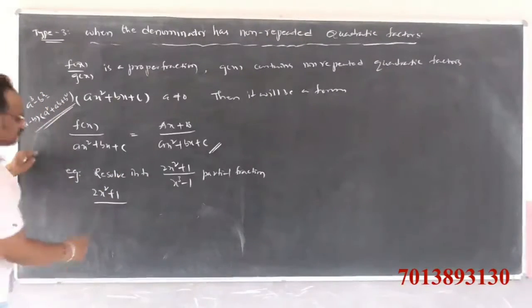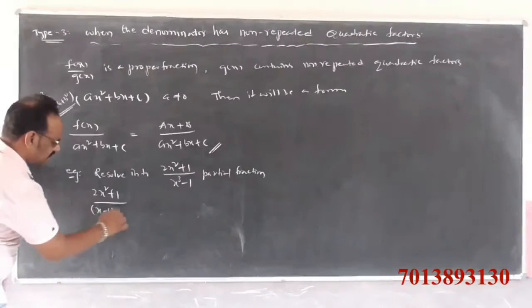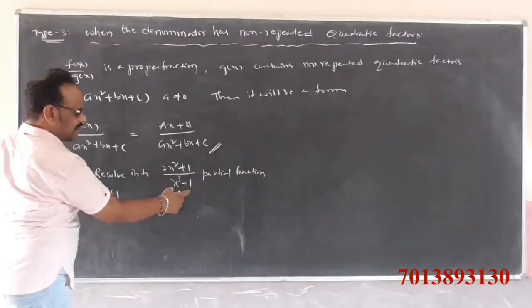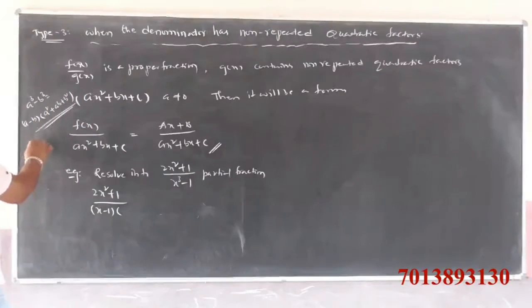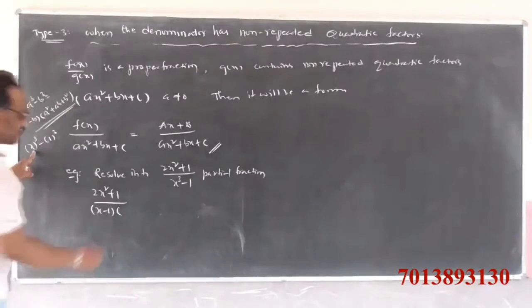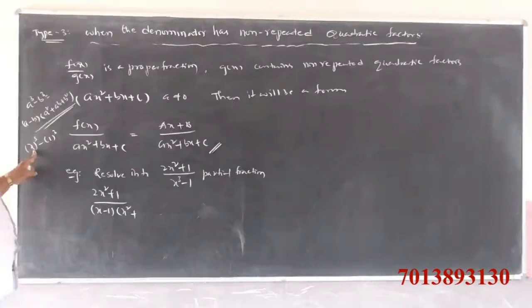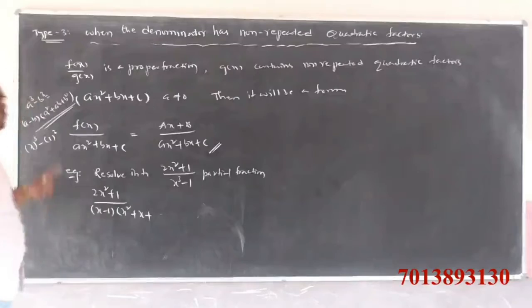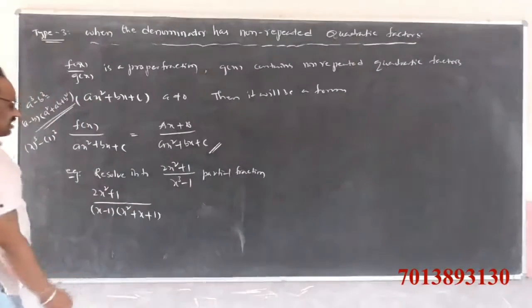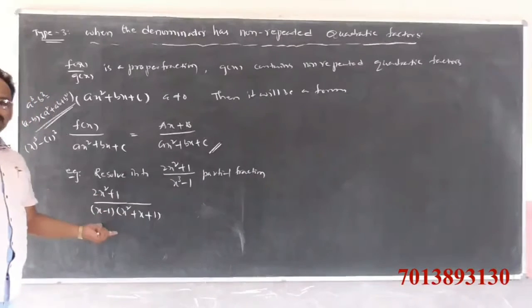Substitute here: a minus b means we get x minus 1, into a square is x square, plus ab is x into 1, we get x, plus b square is 1 square, we get 1. Observe here, numerator and denominator.